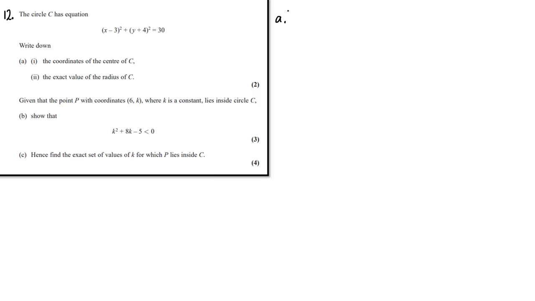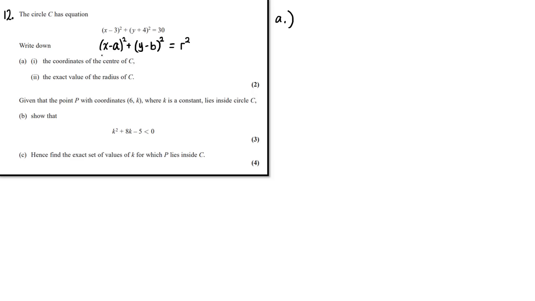So 12A. So we've got the circle here, which is given by x minus 3 all squared plus y plus 4 all squared is equal to 30. And for a general circle, we use the equation x minus a all squared plus y minus b all squared, and this is equal to r squared.